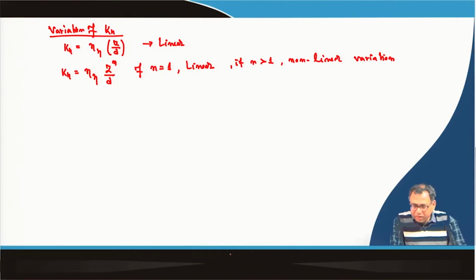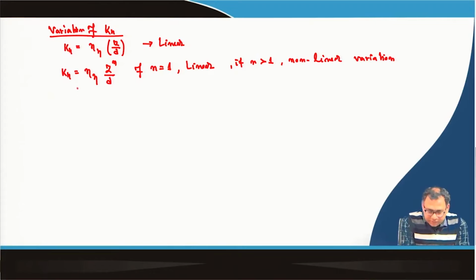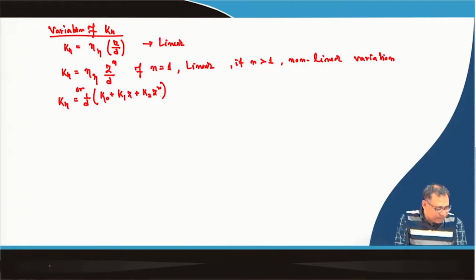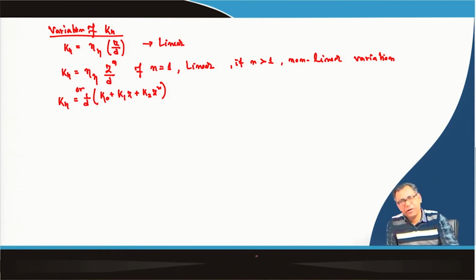Or for non-linear variation, you can write kh in a different form, that is 1 by d into k 0 plus k 1 z plus k 2 z square. So, you can also write it in different forms.